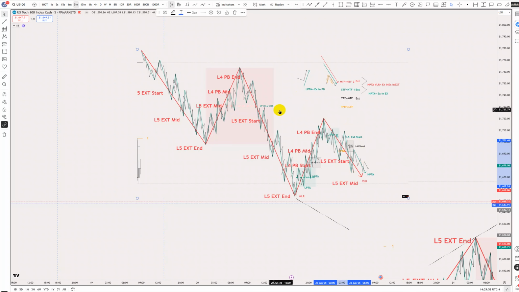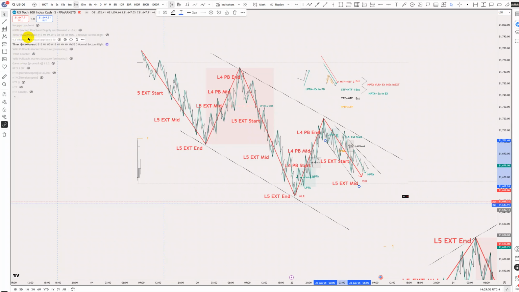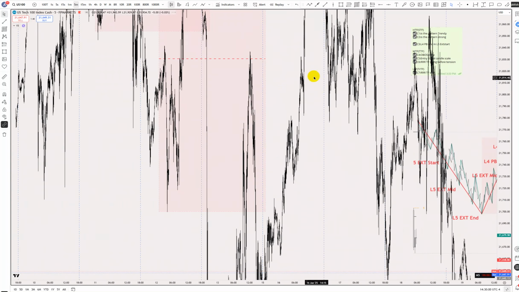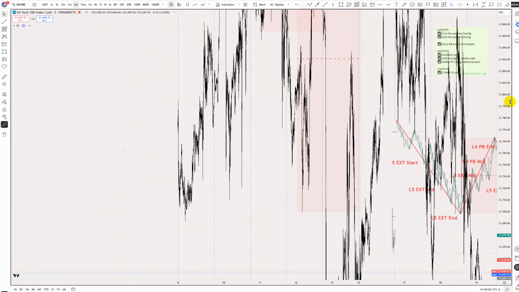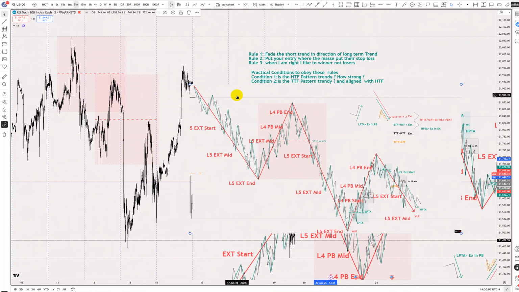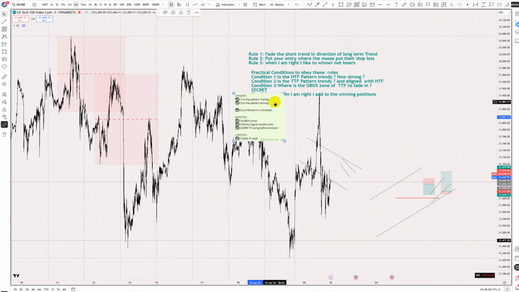Now here, let me go and show some examples on the chart. I'm getting rid of these pictures on the chart.